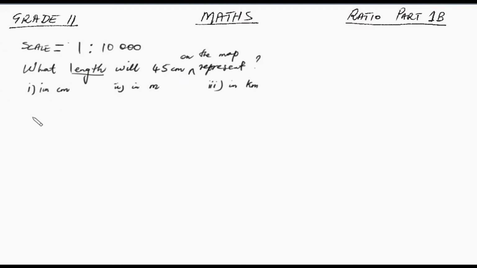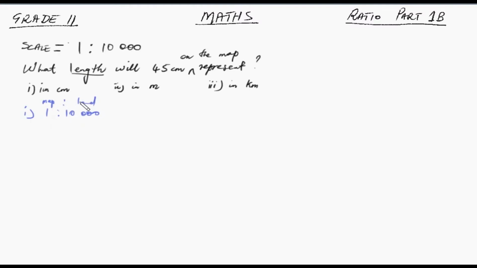The ratio is 1:10,000. What you need to understand is that 1:this means map is to land, because the map is smaller. That's what you should always remember.